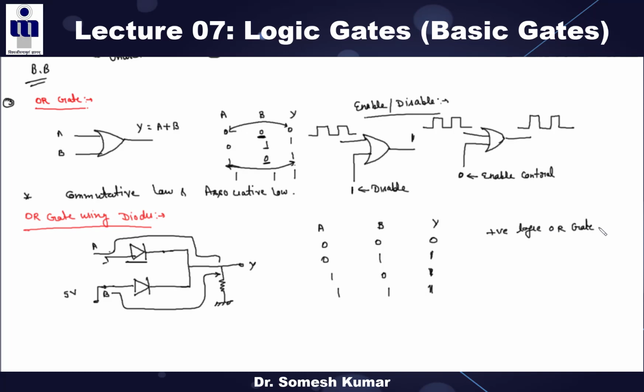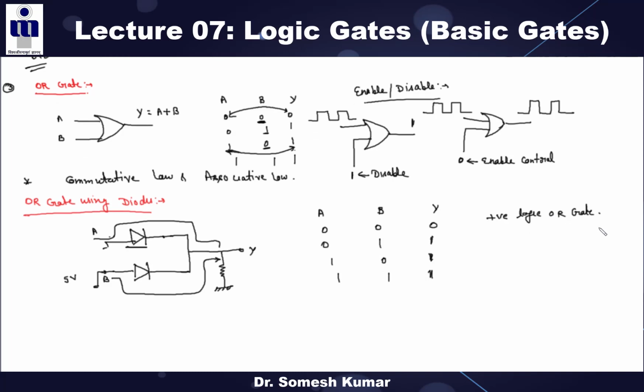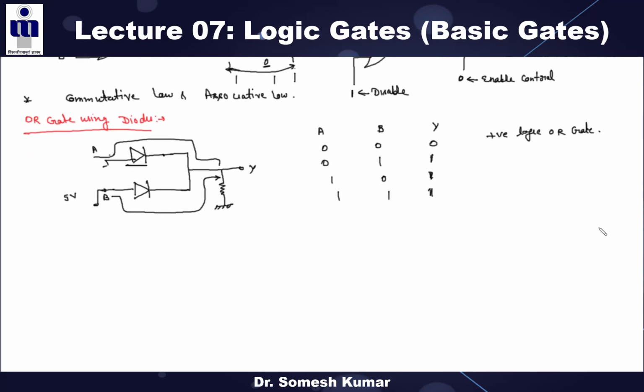Now tell me, similar to the AND gate, where is the unused input in the OR gate connected? Unused input in the OR gate. What is the first priority? It can be connected to logic 0.